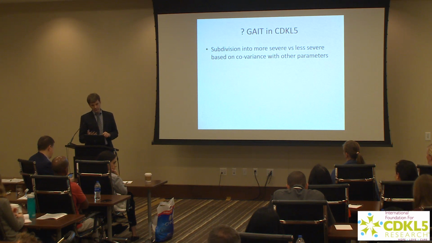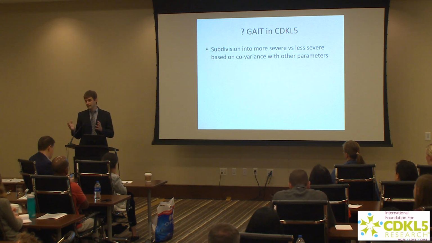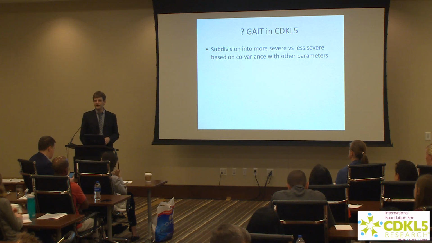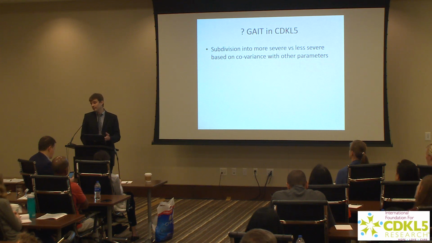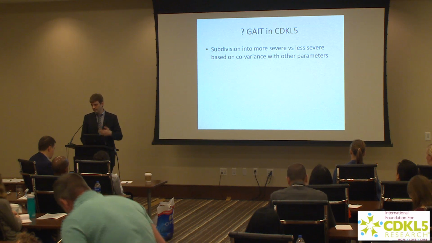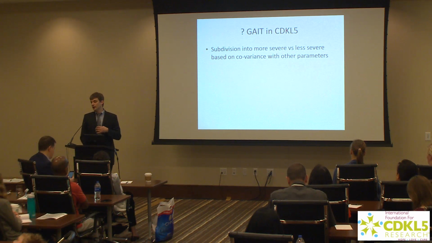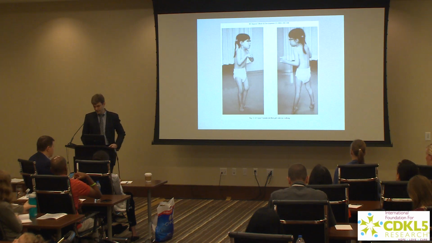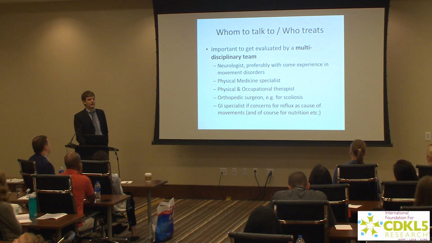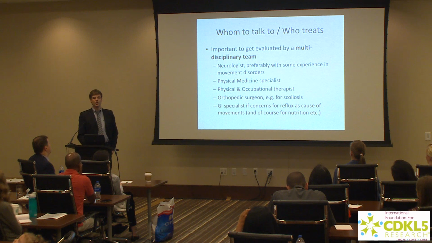And even initial reports report that in CDKL5 syndrome, gait co-varies with other symptoms significantly. So I think there may be something there where gait is sort of a marker of severity, but maybe also has underlying biological mechanisms that, if we uncover them, will lead us to an insight in the overall severity of the disorder.